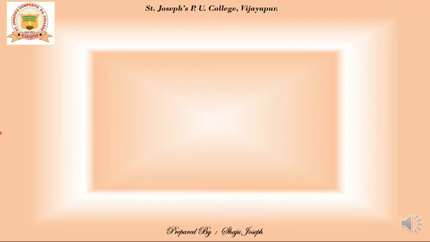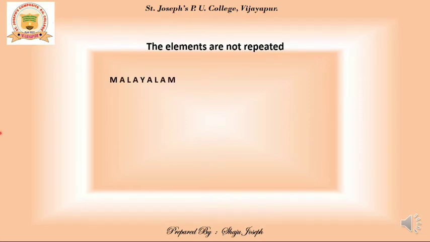One more thing to concentrate on is that the elements are not repeated. For example, if I take the letters of the word Malayalam and write it as a set C, then we will write only the distinct ones. We will not repeat. First one being M, second one being A, third one is L, fourth one is A, which is already written, so it will not be rewritten once more.